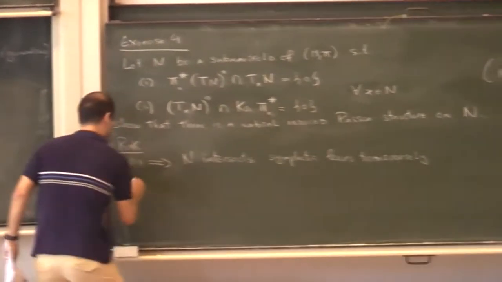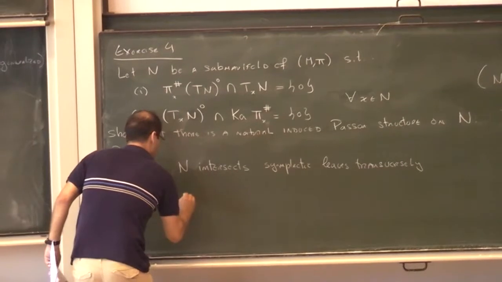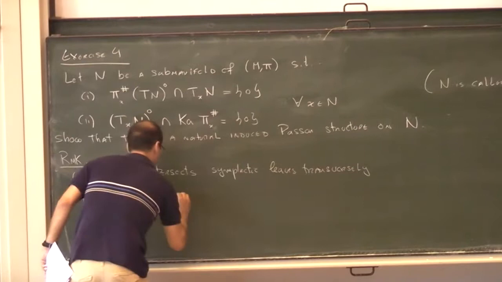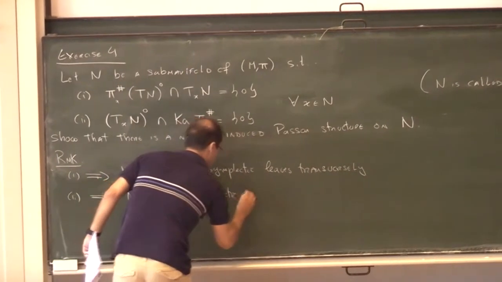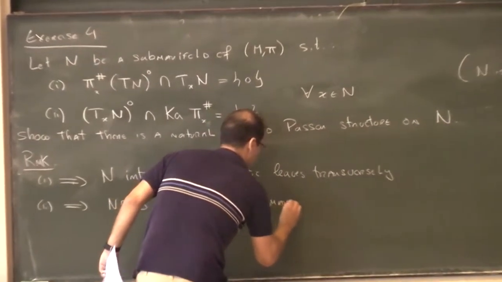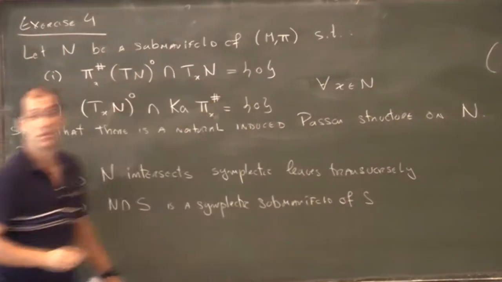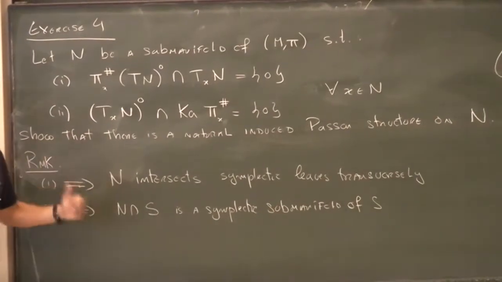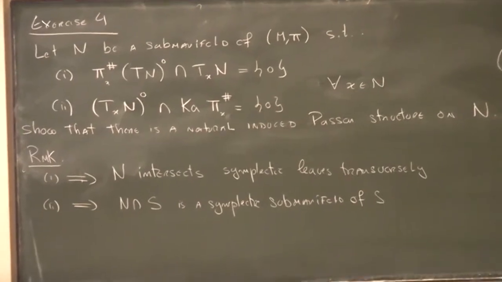So the second condition implies that N intersected with S is a symplectic submanifold of S. Now N is really a collection of submanifolds, each carrying a symplectic form.